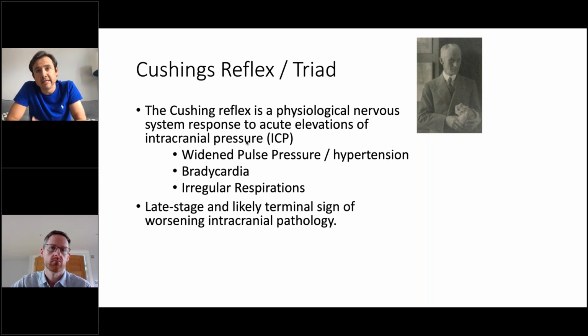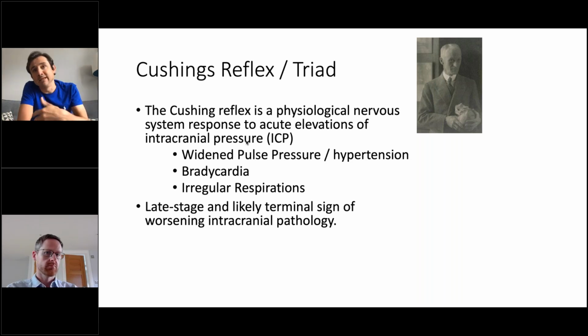So when the intracranial pressure is going up, the body reacts by increasing the blood pressure, or increasing the mean arterial pressure, to try and maintain the cerebral perfusion pressure. So that's why you see this.